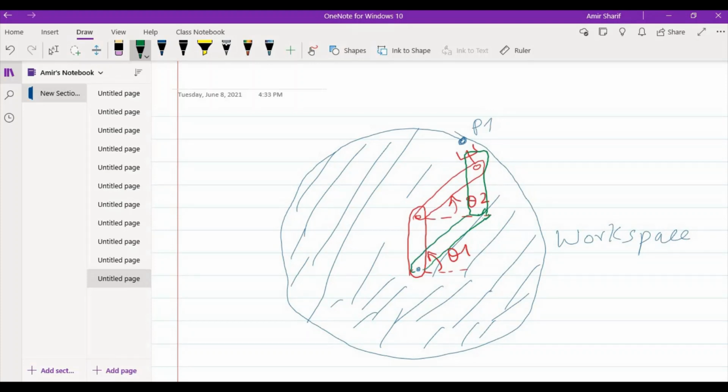Again, it will reach your workspace point P1, but this time with a different configuration.